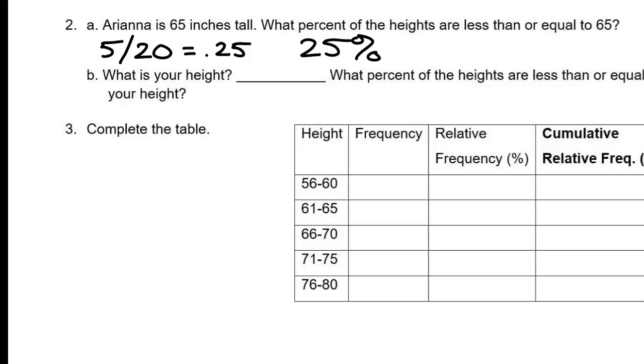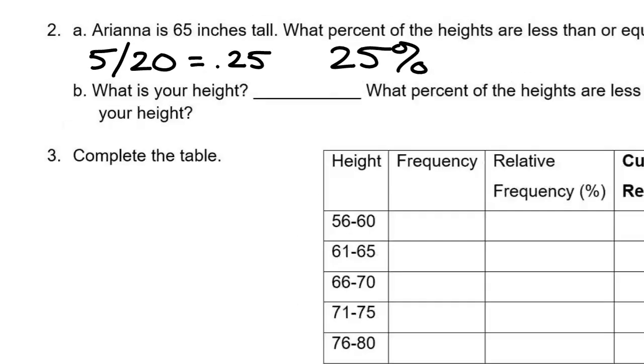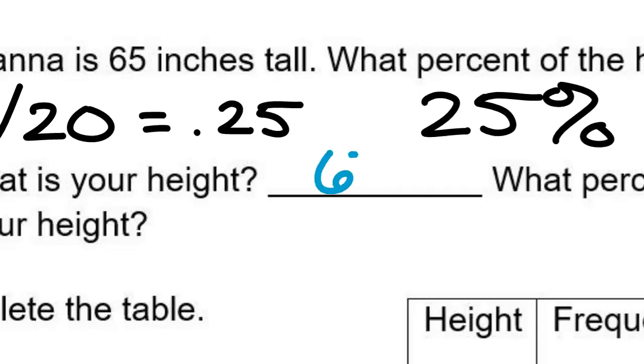I want you to fill in your height and determine what percent of the heights on that distribution are less than or equal to your height. I'm going to do this for mine. If anybody needs help converting their height from feet and inches into just inches, 5 feet is 60 inches.